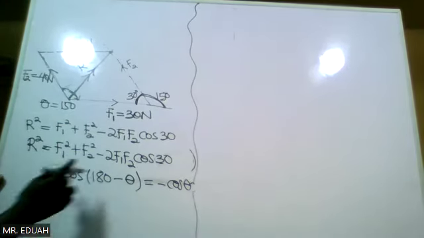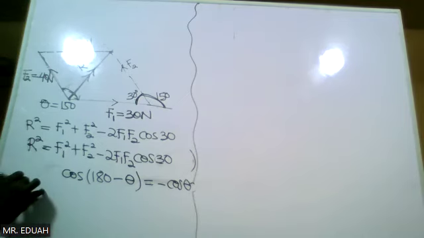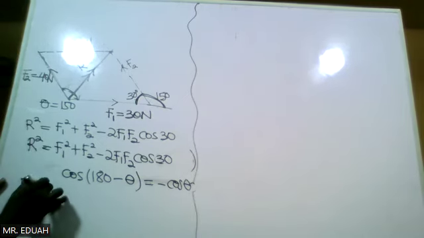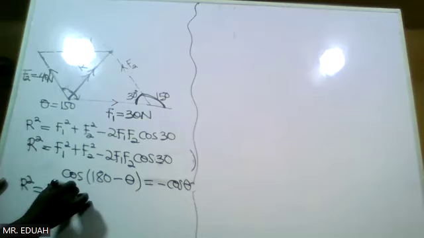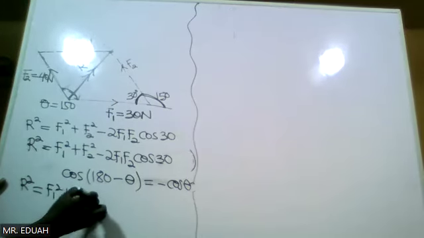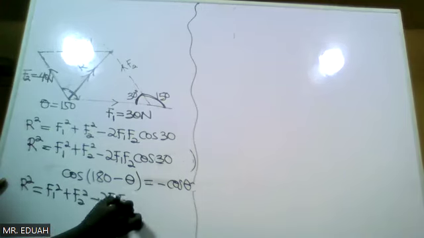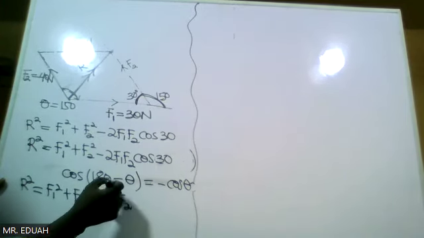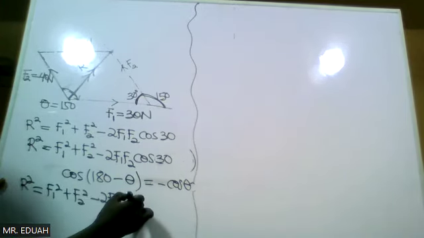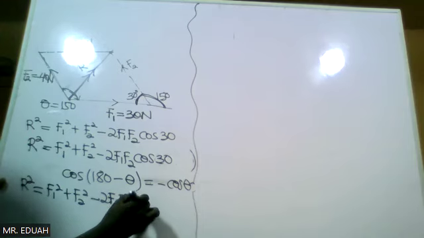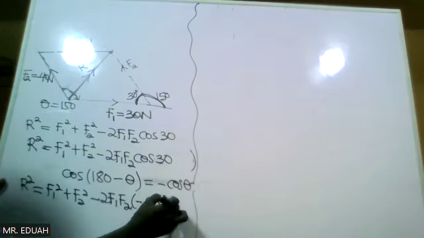The formula can also be R squared is equal to F1 squared plus F2 squared minus 2 F1 F2, but cos 180 minus theta is also equal to negative cos theta.